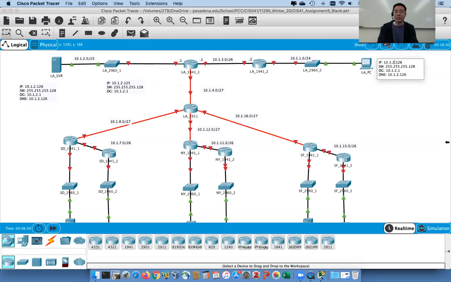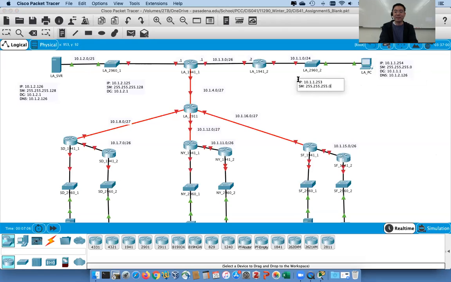Okay, this is 10.1.1. Last host here is 254. Right, and 10.1.1.1, 253, it's right there.